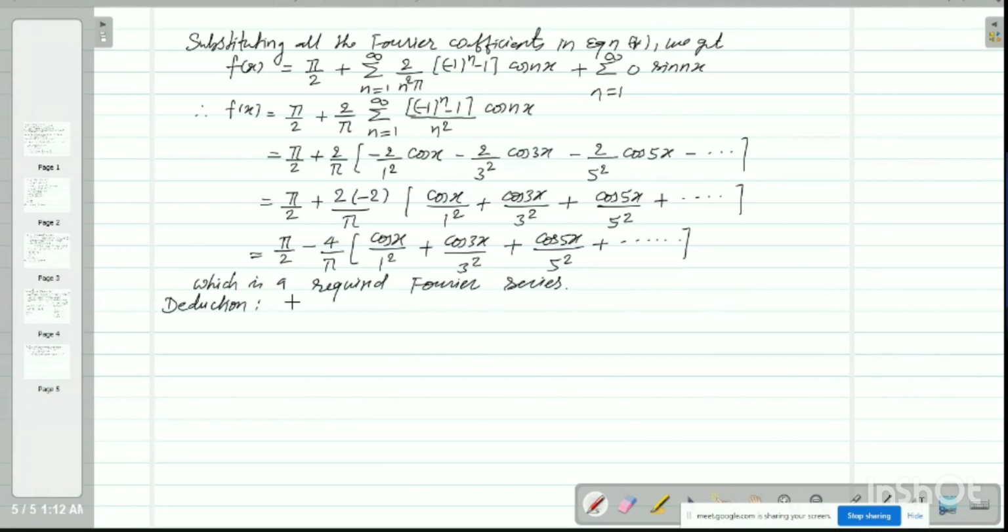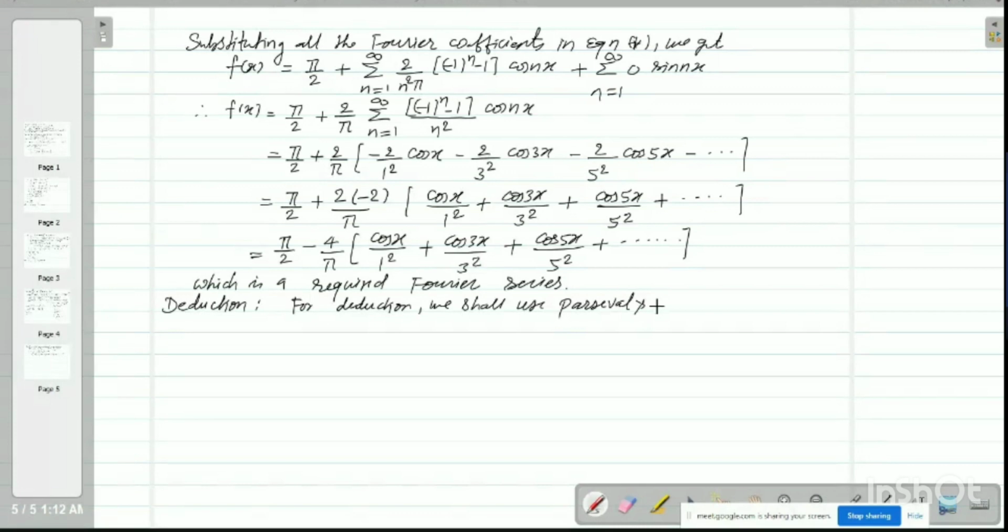Okay, just write down: for deduction we shall use Parseval's identity.